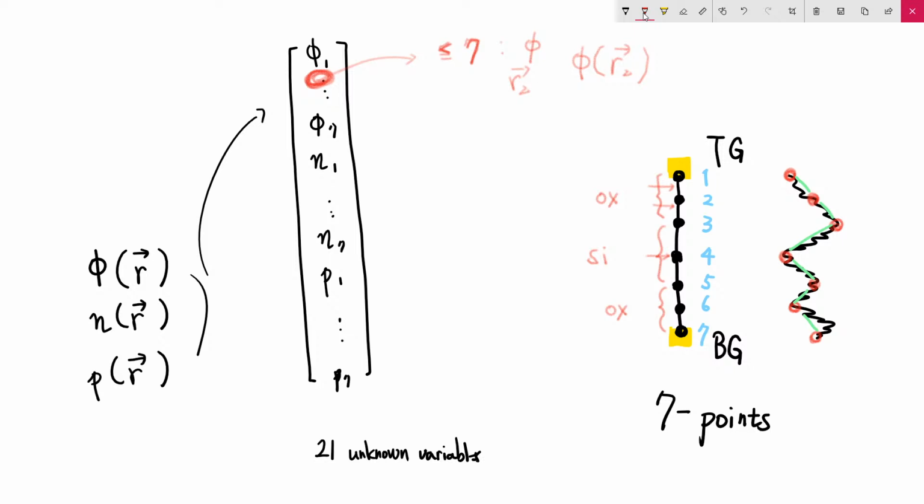How about, for example, 14? 14 is not larger than 14, the second multiple of 7, so this corresponds to electron density, and 14 is 7 and 7, the 7th component, so we will have R7.